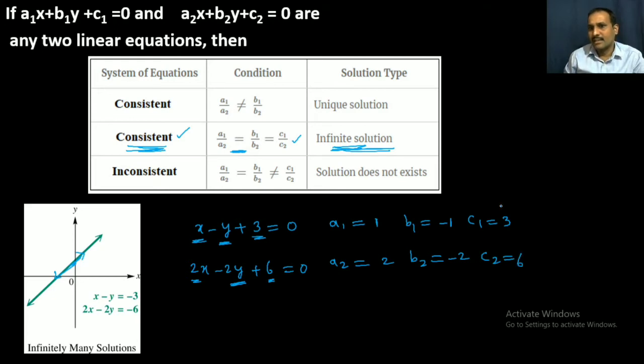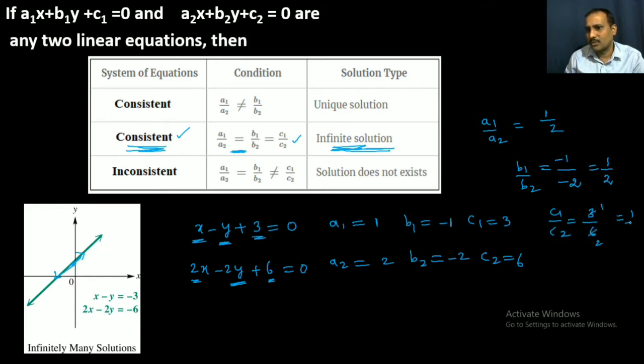Now let us consider a1 by a2, b1 by b2 and c1 by c2. What is a1 by a2? That is 1 by 2. b1 by b2, minus 1 by minus 2, this is 1 by 2. c1 by c2, that is 3 by 6, which is also equal to 1 by 2.